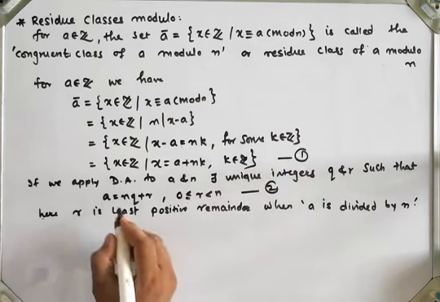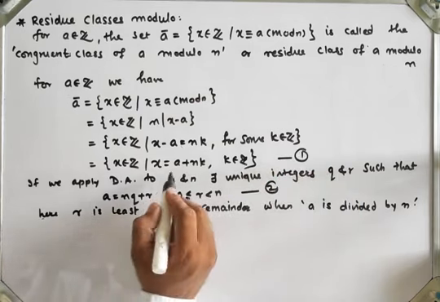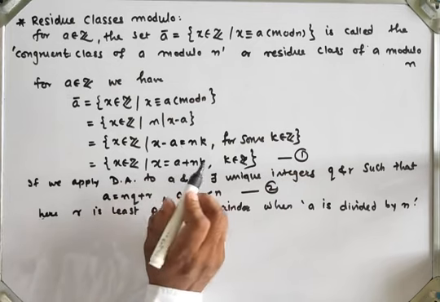So a has the value nq plus r, and here x is equal to a plus nk.